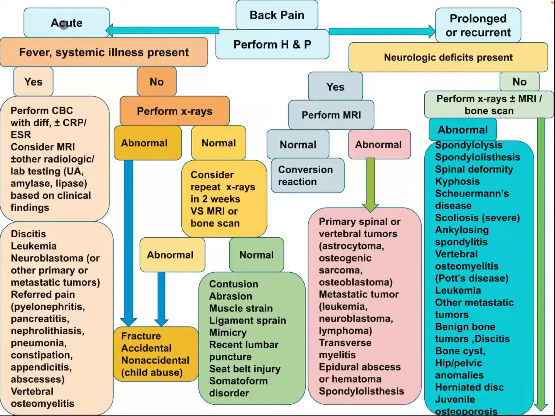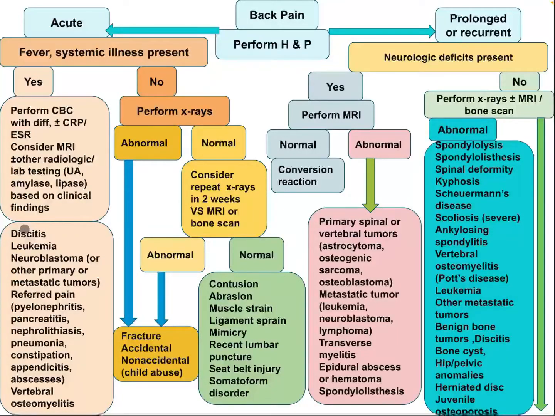Is it acute? If it is acute, ask about fever and systemic illness. If it is present, perform complete blood count with differential, C-reactive protein, ESR, consider MRI and other radiological or lab testing like urine analysis, amylase, lipase, based on clinical findings.